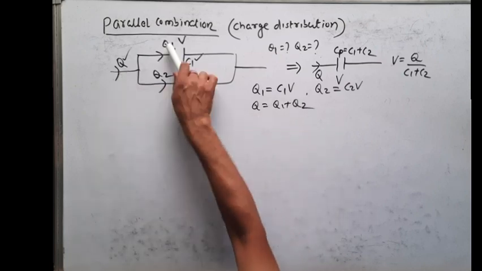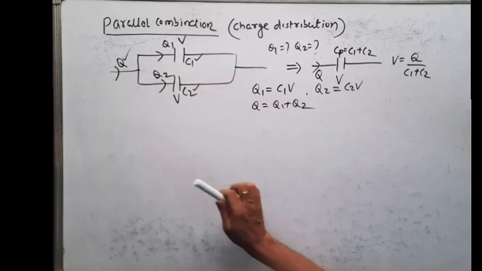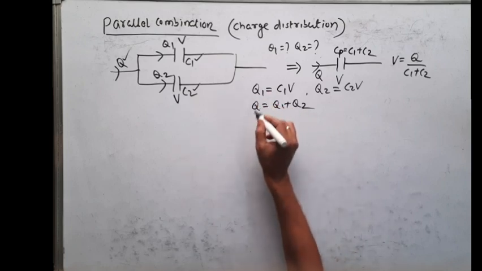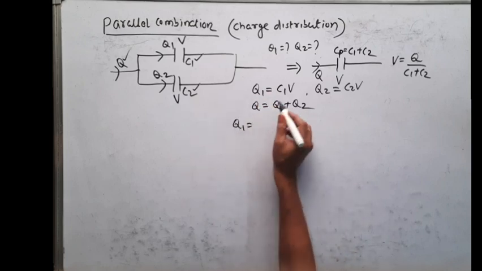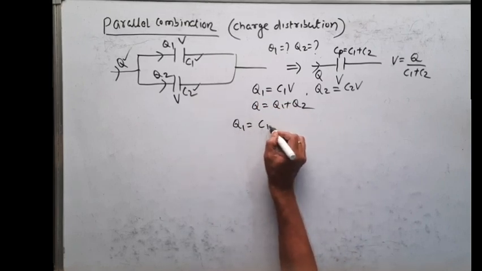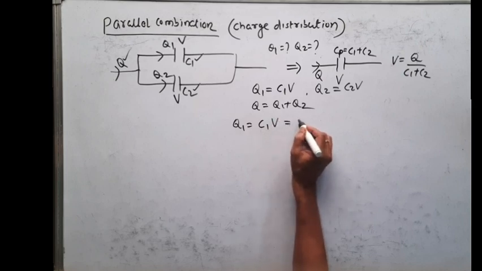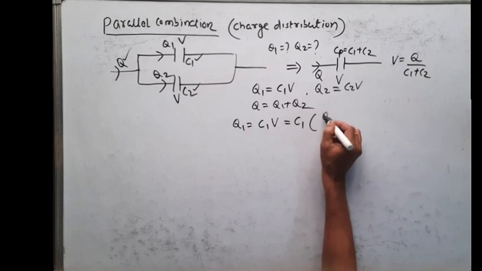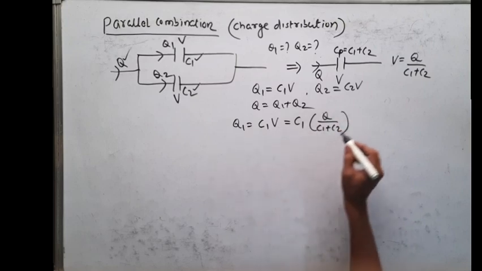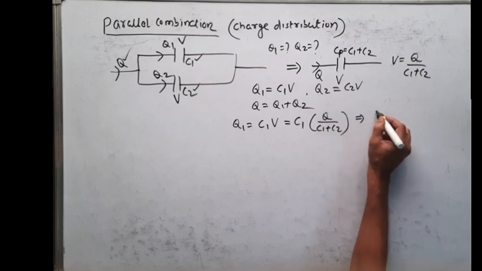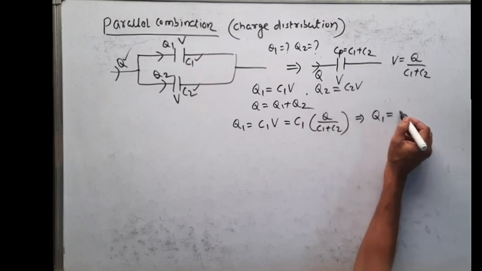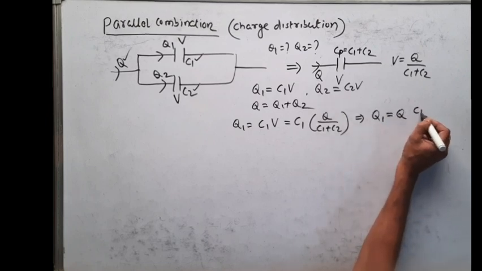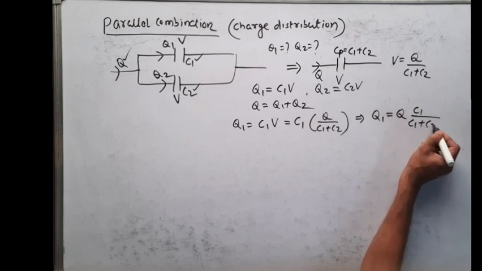Now I will find Q1. Q1 is equal to C1 into V, and V is nothing but Q by C1 plus C2. So I can write Q1 is equal to total charge Q into C1 by C1 plus C2.